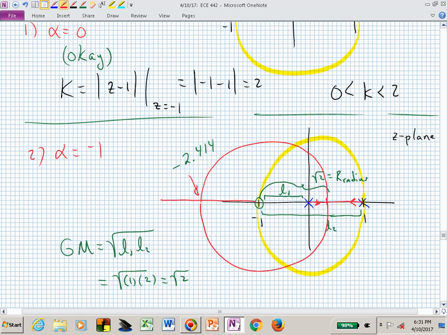And as I crank up the gain k, what's happening? This guy goes here, and this guy goes there. They don't go at the same rate because at some value of k, they are going to intersect or break away at 0.414. And that's not equal distance between 0 and 1, is it not? So one has to cover 0.6 and the other one has to cover 0.4 as k varies.